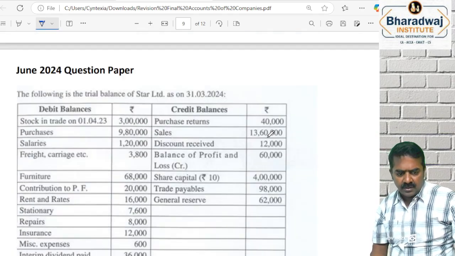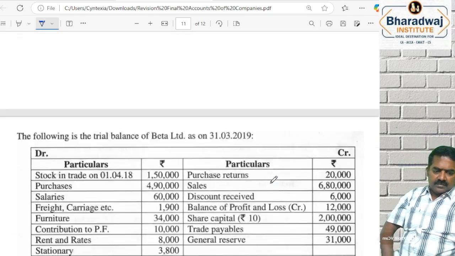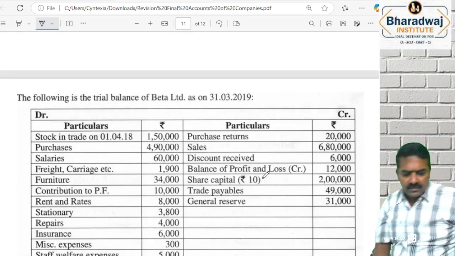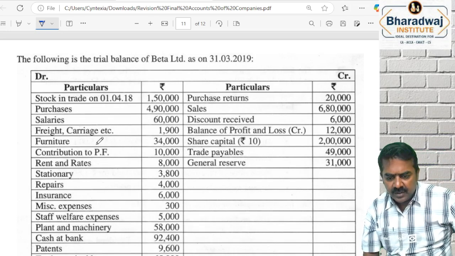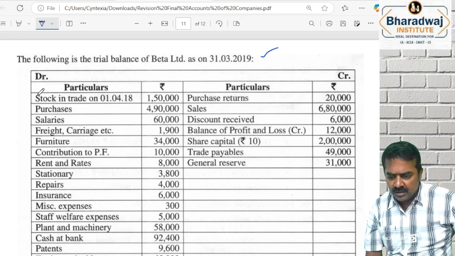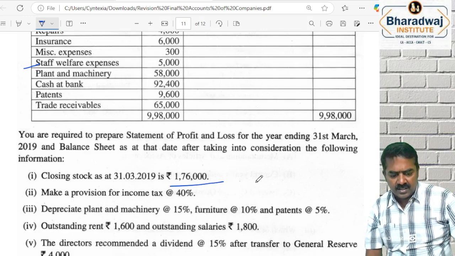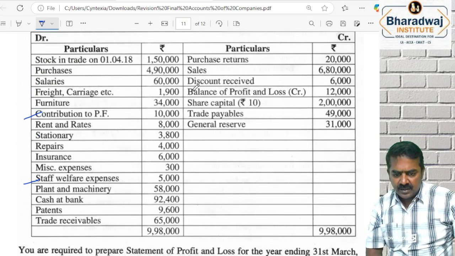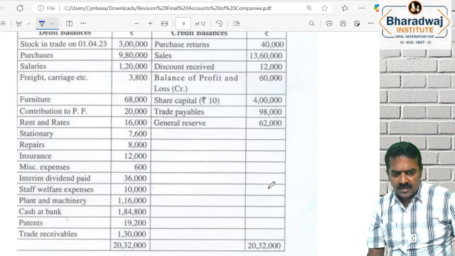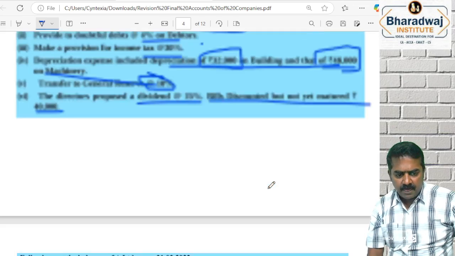This question is the same. Okay, this question is a new type of question you must work out. Try it. Oh, this I have done in the same way. Contribution to PF will come in employee benefit expenses, staff welfare expenses. We have done this same question. Closing stock is 1,76,000, 1,50,000, 1,76,000.